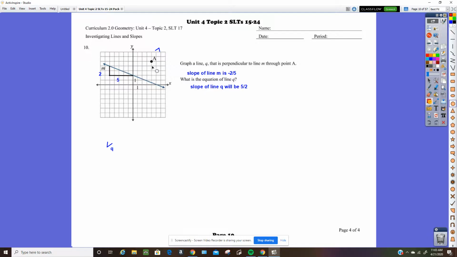So let me plot a dot there. So down 5, and left 2. That's right there.